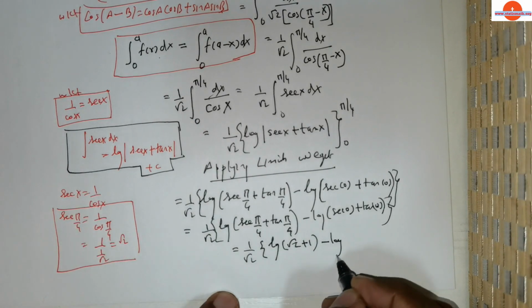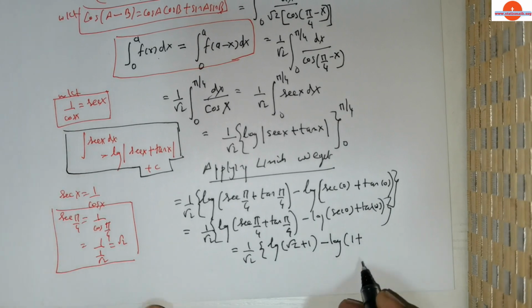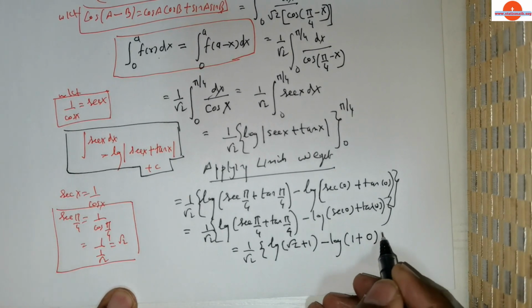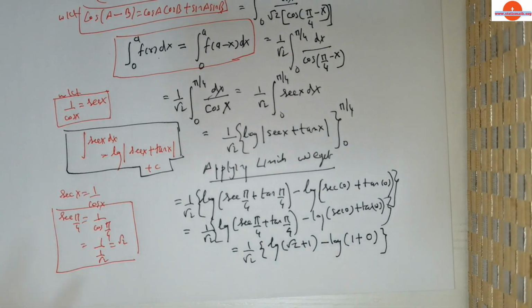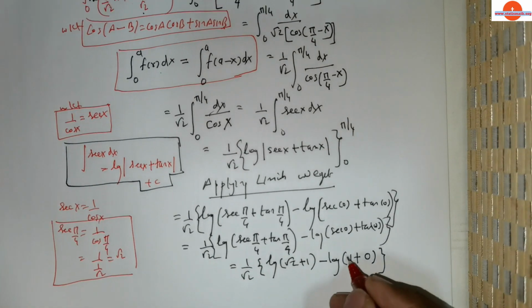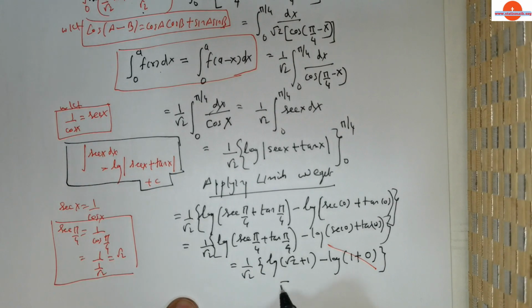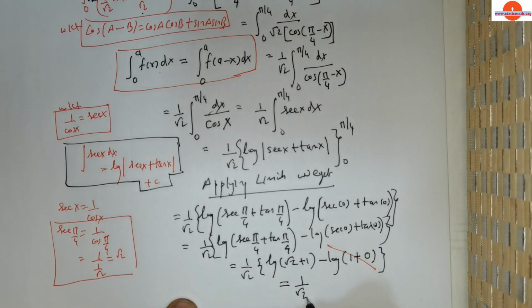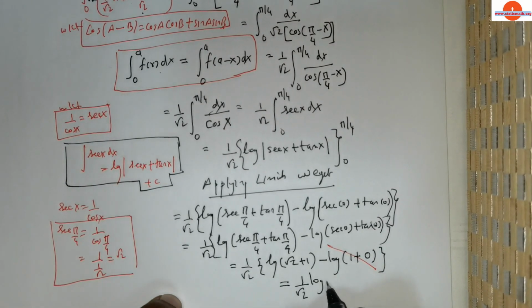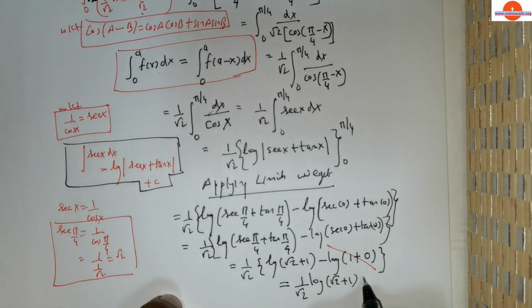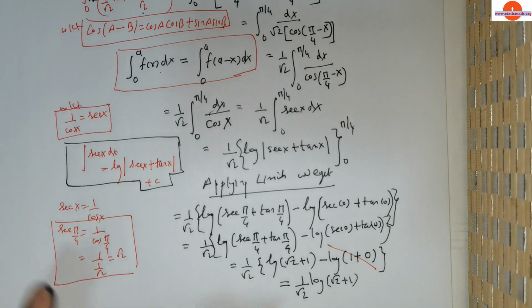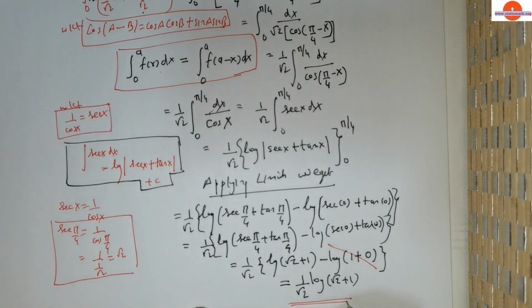So that's going to be log of 1 plus tan 0, which is going to be 0. So this is going to get cancelled out. So that would give us 1 over root 2 times log of root 2 plus 1. This is the solution for the question.